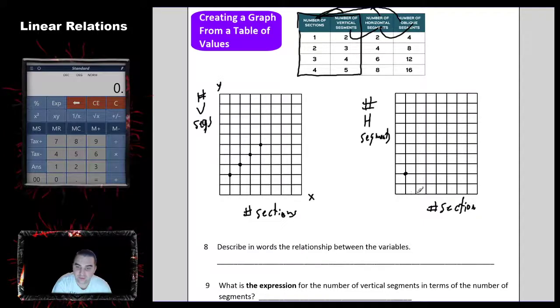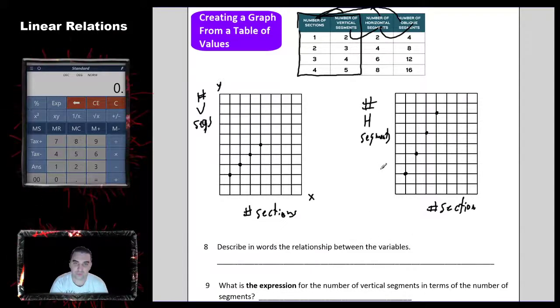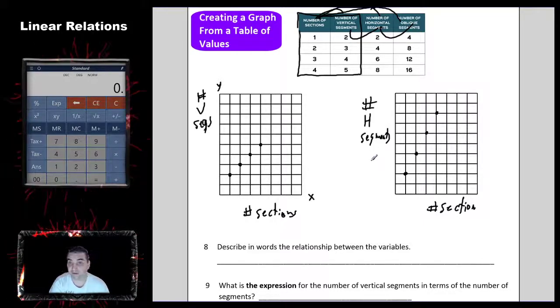So 1 to 2, 2 to 4, 3 to 6, and 4 to 8. Okay, so it's increasing faster. It has a higher slope. So we would describe the words using the relationship between the two as being a little different. So for every increase of section, the horizontal segments increases by 2.